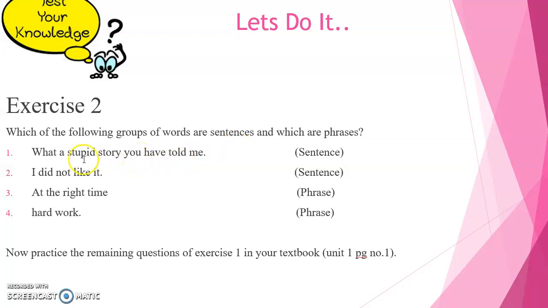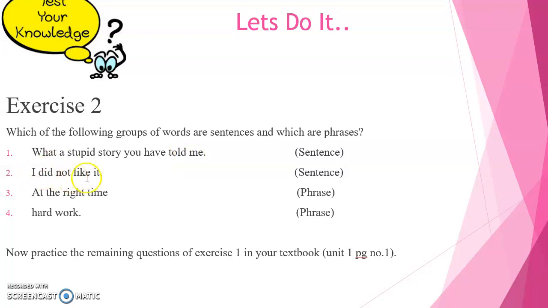Second, we will check whether it has a verb or not. What a stupid story you have told me. Told is the verb. It means it also has a verb. And if we take the meaning of this group of words, we will get a good sense, a complete sense. It means by these rules we can say this is a sentence. Now second, again we will check.